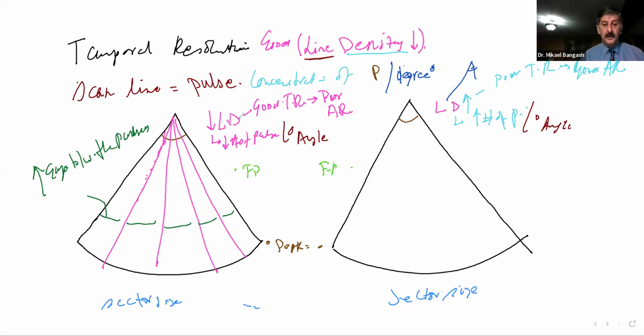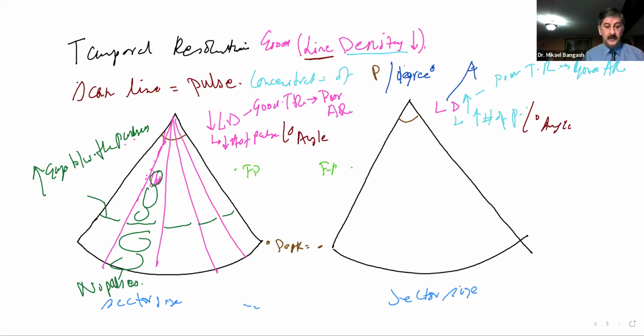But to get a good temporal resolution, we actually compromised on the axial resolution because it's really reducing the line density. Because what do we have? These areas between pulse to pulse to pulse, all this area here, is going to be an area with no pulses.